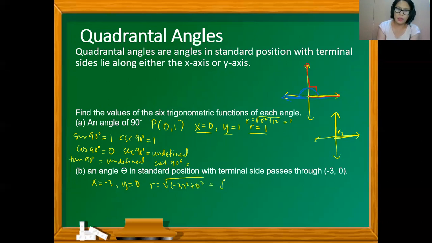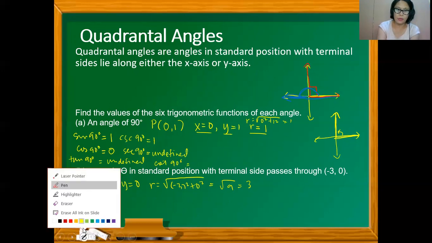So, this is the square root of 9. So, r is 3. So, sine theta is y over r. That is, y over r is 0 over 3. So, that's 0.